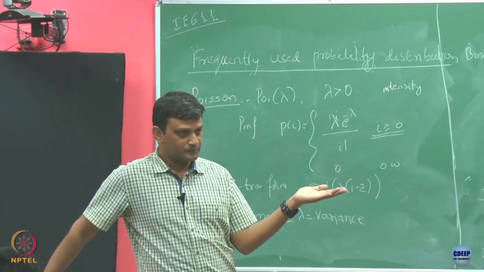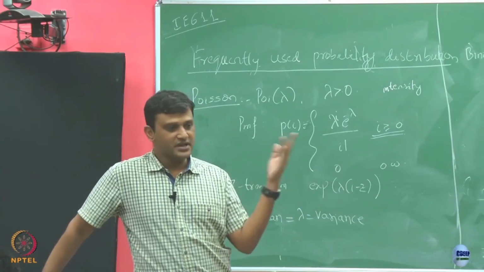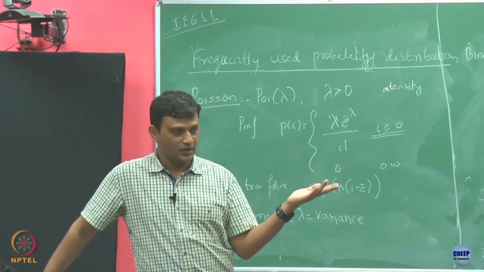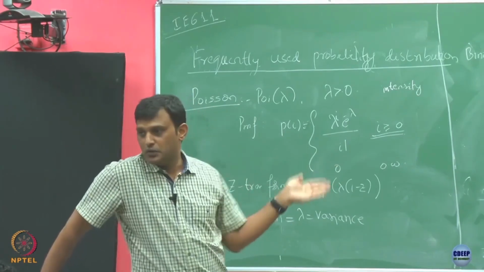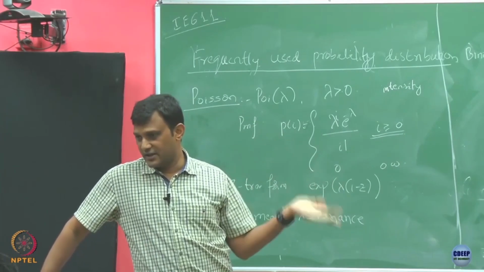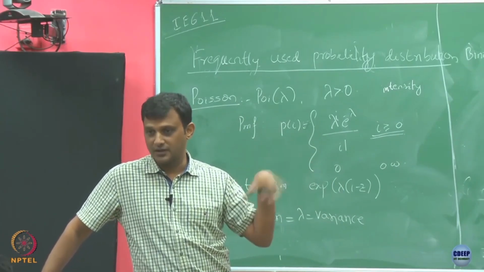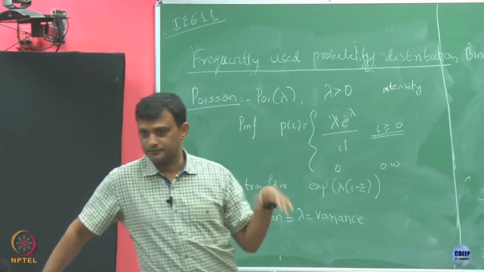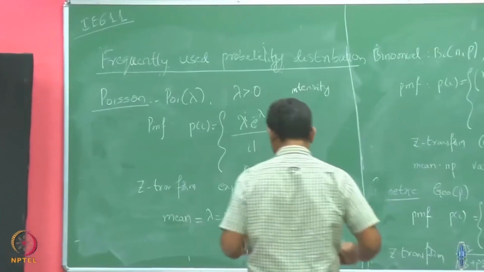Or for something, maybe Poisson is the nearest realistic approximation I would go for. And these are the ones which we understand better. We know how they look, what their mean is, and we are also able to analytically play with them well.